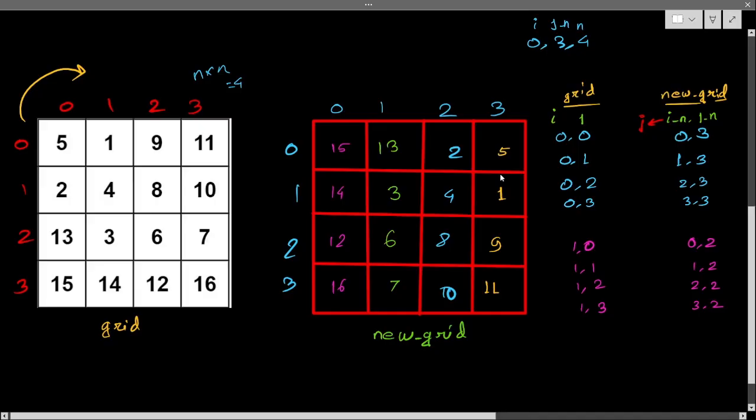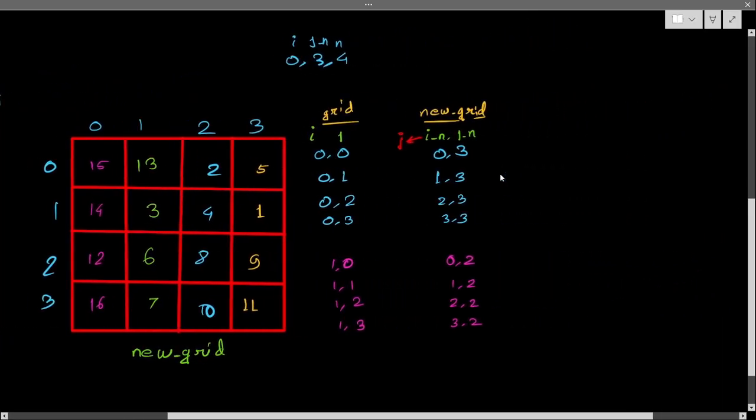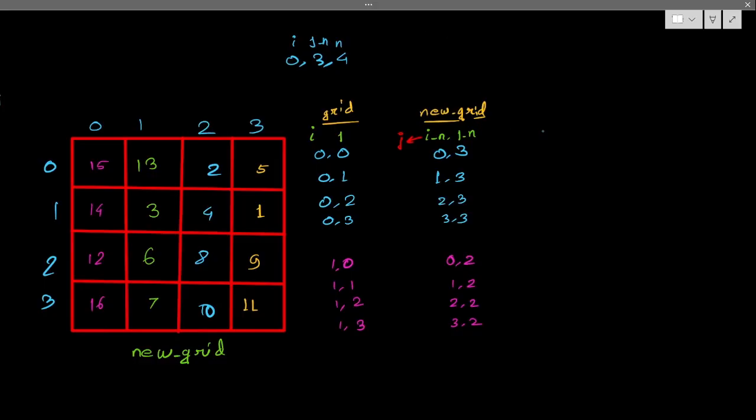Okay, let's see. Can I see any pattern? First my i value, then j new value, then n value. The i value is 0, the j new value is 3, then n is 4. Then 1, then 2, then also 4.